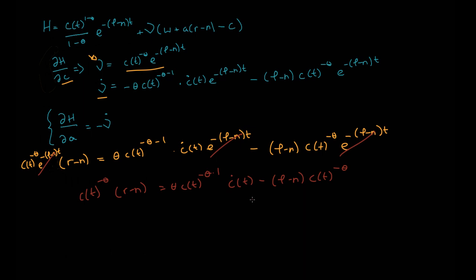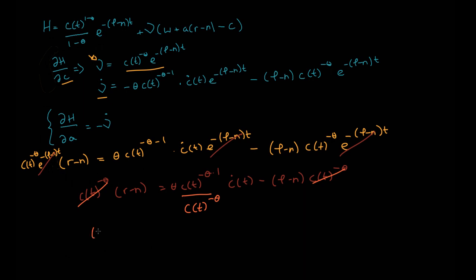And then we want to isolate the c terms together. So we'll divide everything by c(t) to the minus theta. We have two of those, so this one will go away and this one will go away.